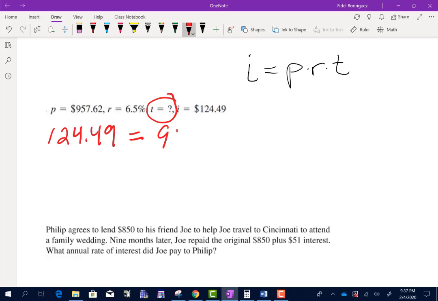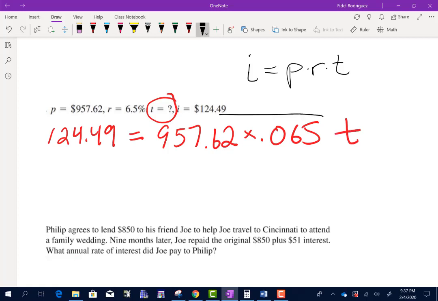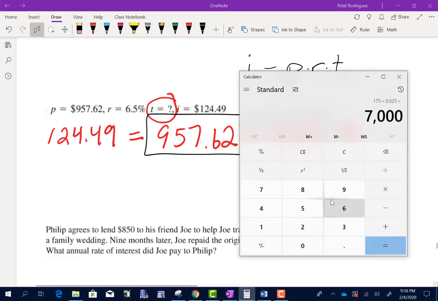The P is the $957.62. Okay. My interest rate is 0.065. Again, I don't know the T. So just like we did earlier, I'm going to multiply those two together. Okay. So let's go ahead and do that.